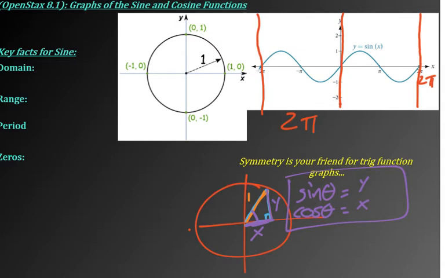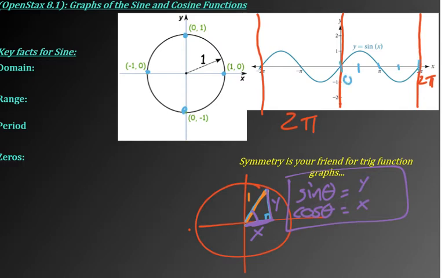So the way that I teach my students to graph sine and cosine is, since there are 4 natural breakpoints in the circle, I want 4 breakpoints in one cycle of the graph, right?